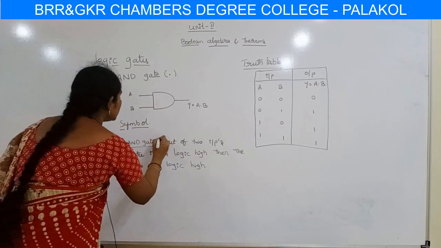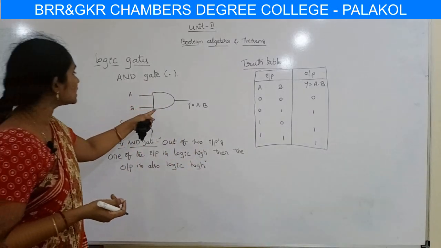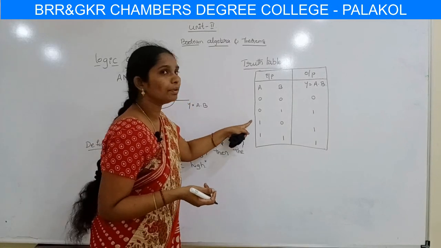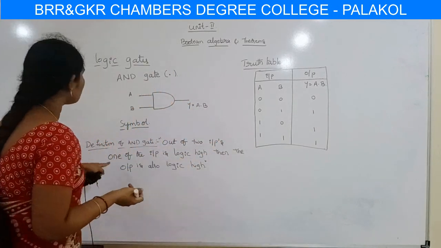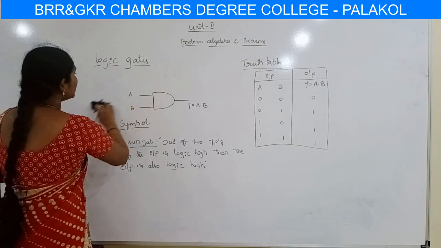So here this is the definition of an AND gate. Here this is the symbol and this is the truth table. It is very important. And next one is the definition of an AND gate. Now move to another gate.